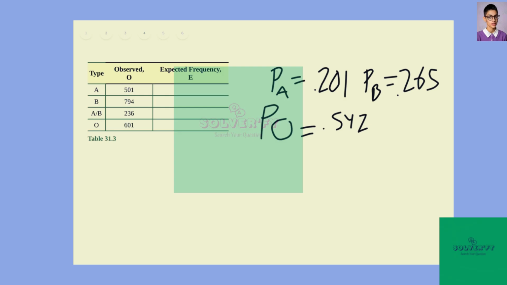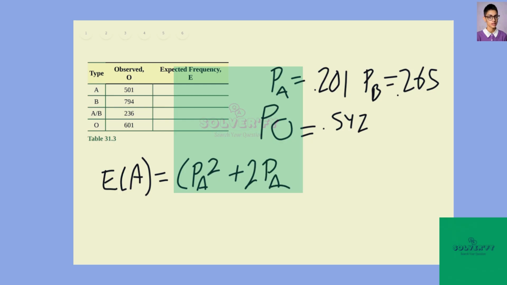Then we're asked to calculate some of the expected frequencies, and they give us an equation, and two of these equations have a typo, which makes it incredibly confusing. The expected number of people we would expect to have blood type A is equal to the probability of allele A squared plus 2 times the probability of A times the probability of O, times the total population.